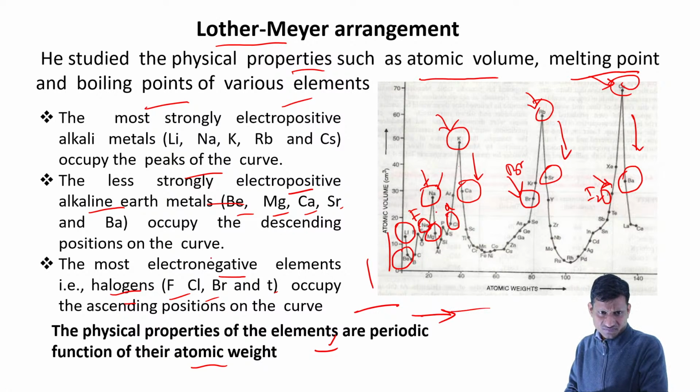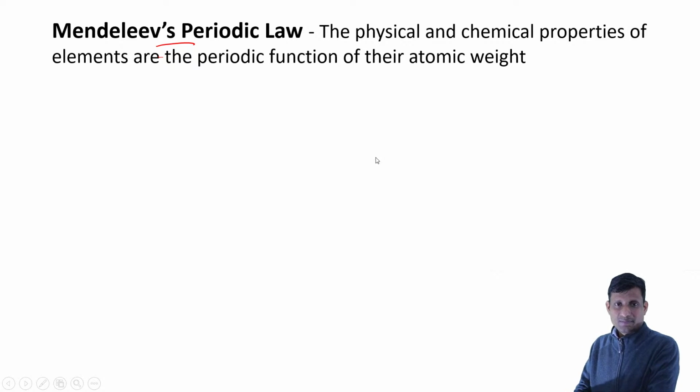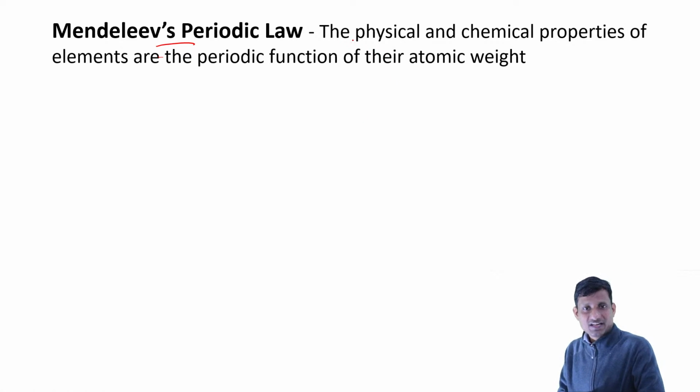But unfortunately, when Lothar Meyer was working, another person was also working at the same time on the periodic table, trying to arrange the elements in groups. That person was Mendeleev.